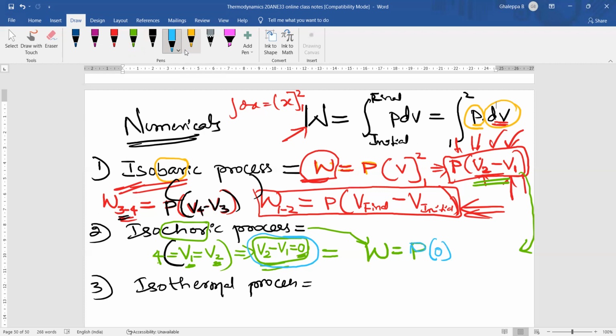So pressure multiplied by 0 will get 0. So work done is 0 for isochoric process. No formula needed. In the numerical, to calculate work done for the process undergoing isochoric, directly write W is equal to 0.